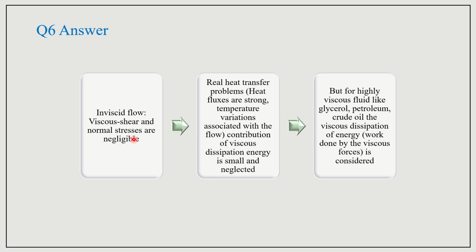Also in real heat transfer problems where heat fluxes are very strong and temperature variation is associated with the flow conditions, the contribution of viscous dissipation is small and we are neglecting it. But when we are dealing with certain fluids like crude oil, petroleum, the viscous dissipation energy is considered.